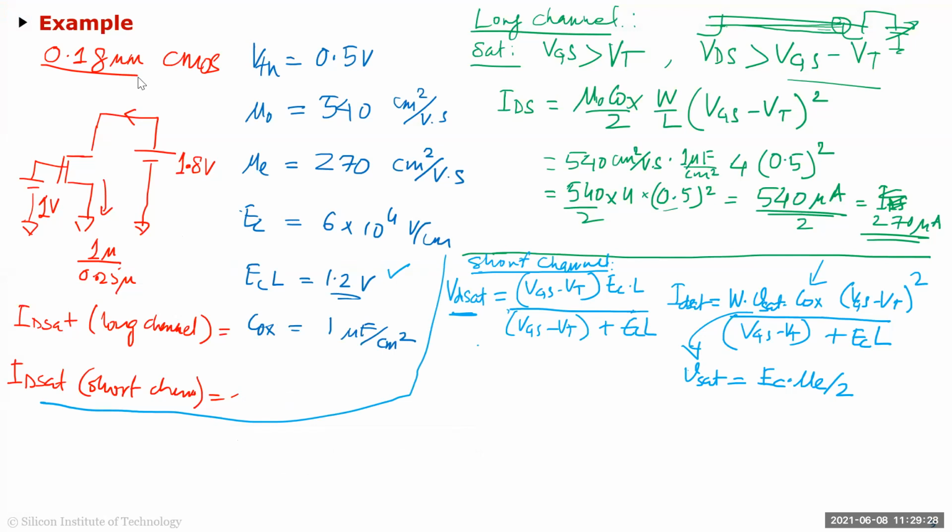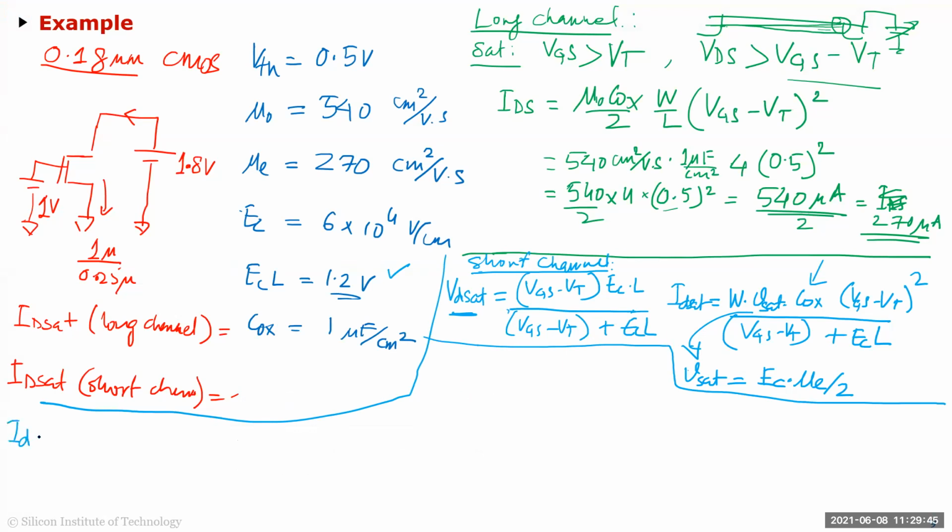In order to minimize mistakes, it's always best to get into units which you are acquainted with, or even get results which you have already done. So let me rewrite this ID sat here.